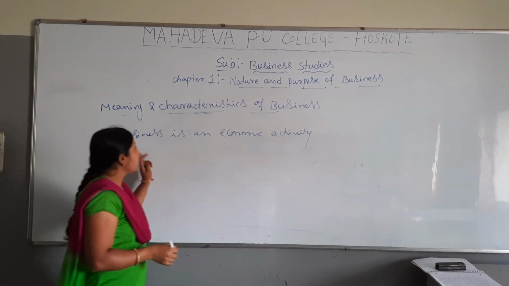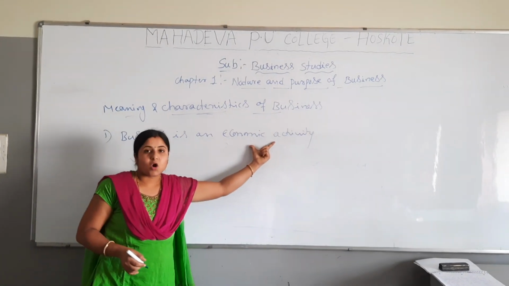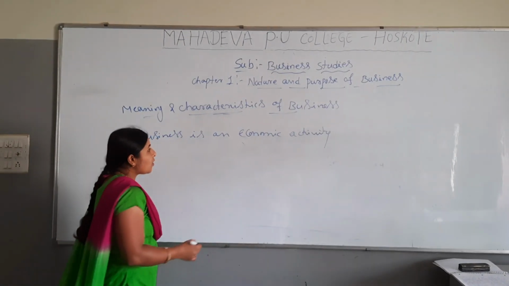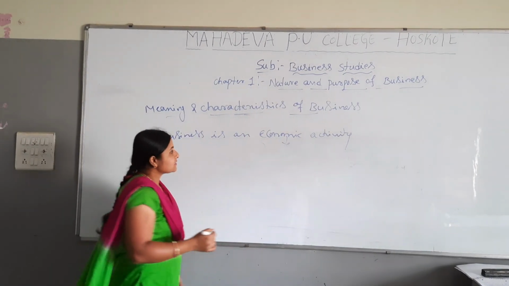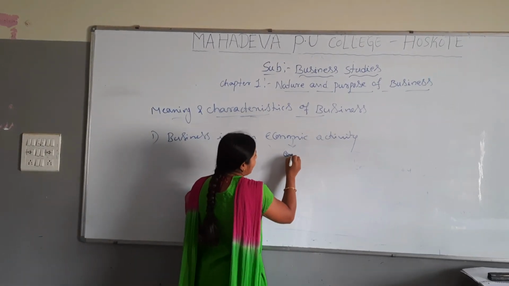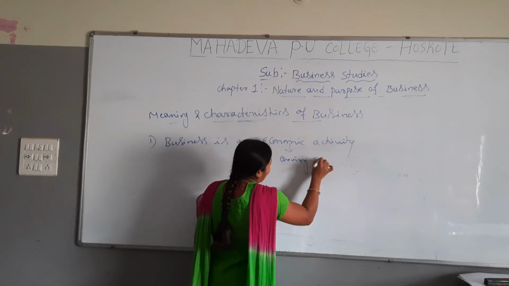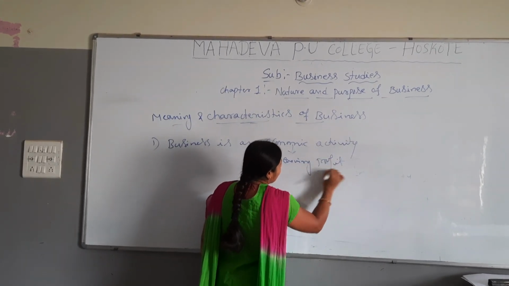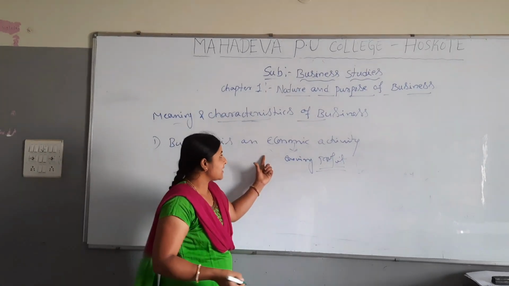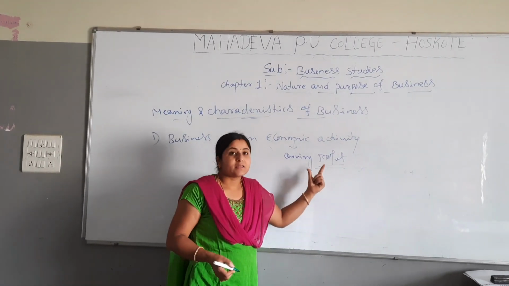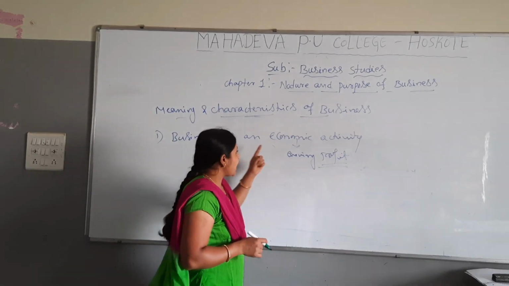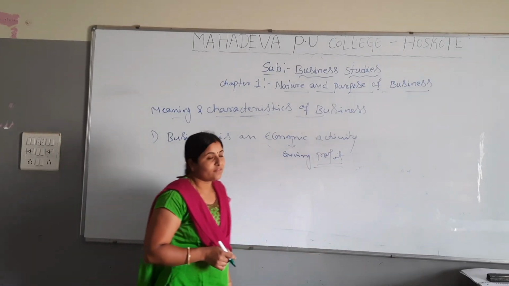You already know business is one of the economic activities. Why are we going to do business? For the purpose of earning profit. Without profit there is no business. The main intention of business is to earn profit. That's why business is considered an economic activity.